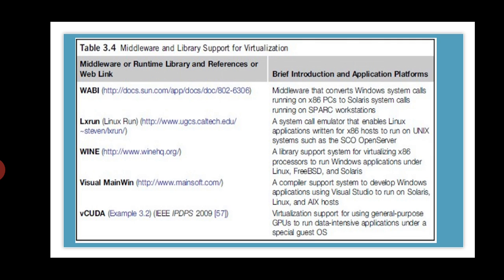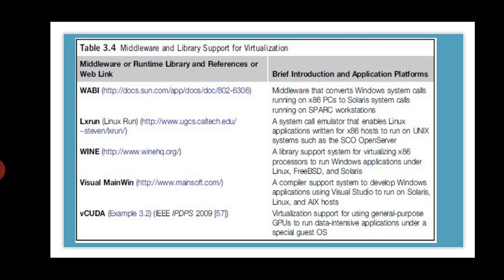So binary interface or application programming interface emulations have to be used. This type of virtualization can create the execution environments for running programs on a platform, rather than creating a virtual machine to run the entire operating system.